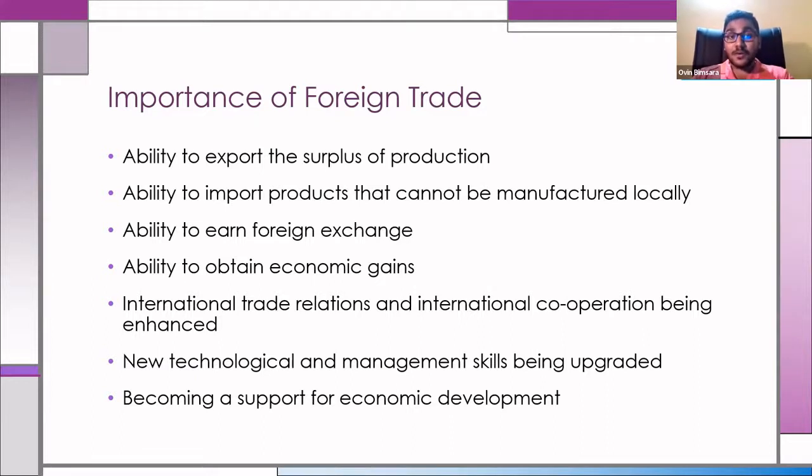But there are some downsides as well, like a coin has its two sides. Because of foreign trade, even the bad things that happen in the world will reach your local territories. Look at the COVID-19 pandemic.